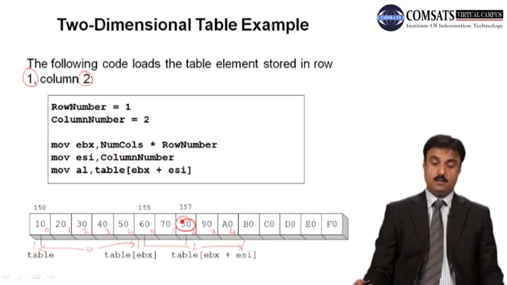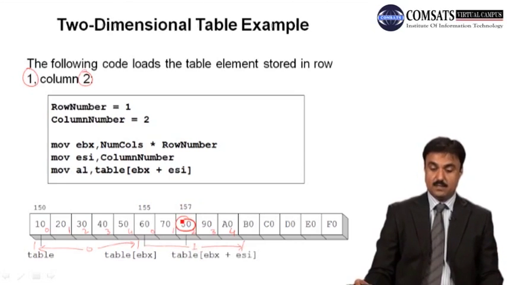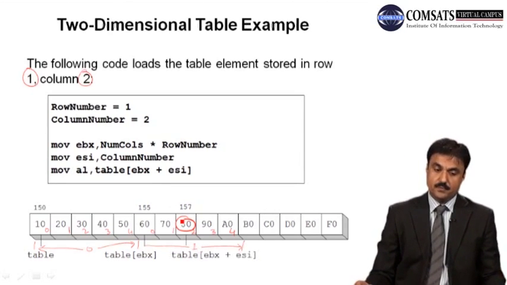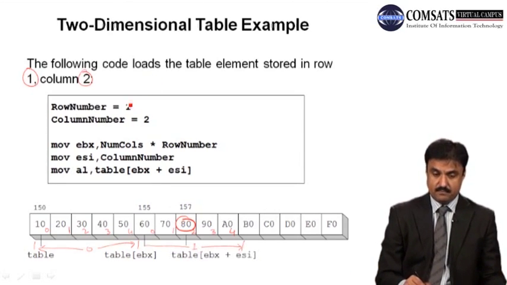We want to access this element, 80, by using the base, index and displacement. So the row number is here, the column number is here. We take the number of columns multiplied by the row number.